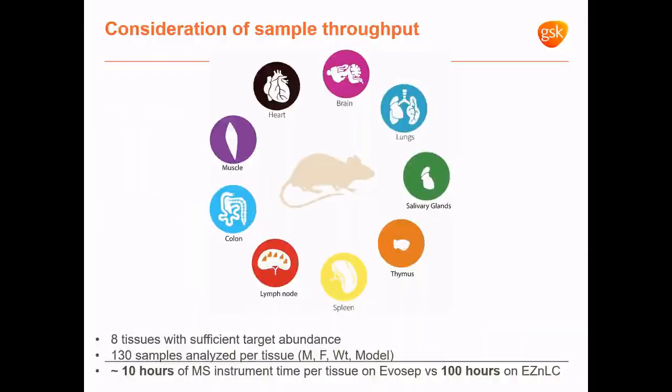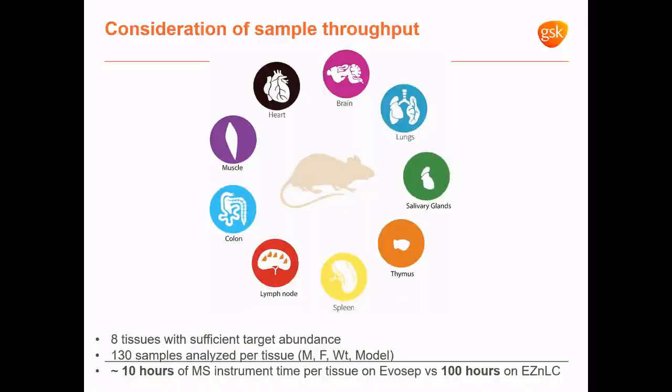And that's really important to me, because it makes a study like this more feasible, where a group had asked that we quantify protein fractional synthesis from 8 different tissues in mouse and 4 different groups of mice: male, female, wild type, and a genetic model of disease.